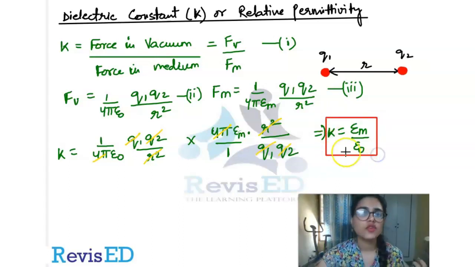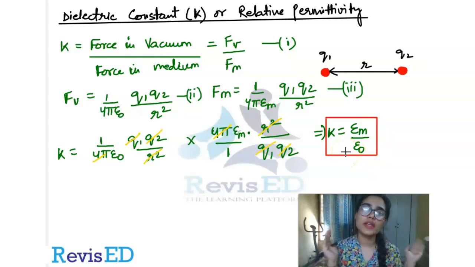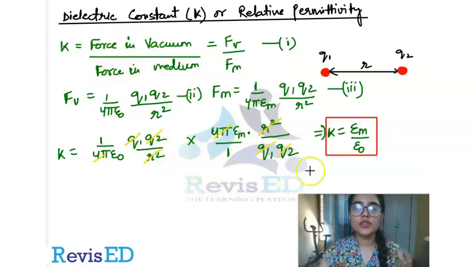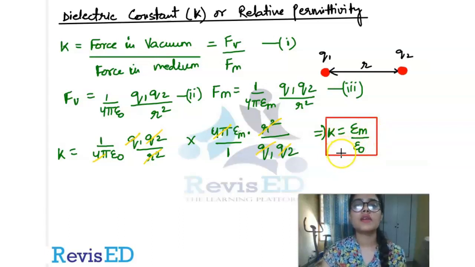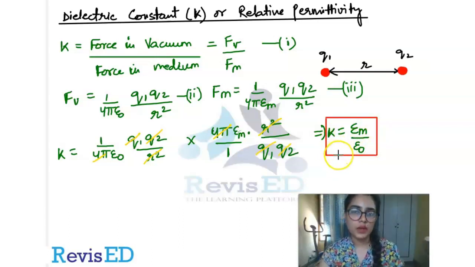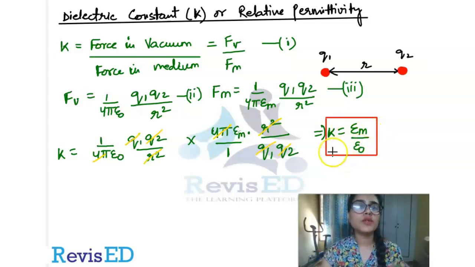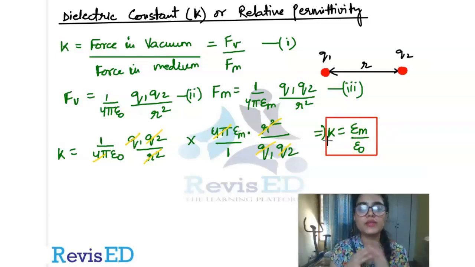So why is K known as relative permittivity as well as dielectric constant? Over here we were talking about the dielectric constant, but because of the relation that we got, we can see that it is the relative permittivity, because it is the ratio of the two permittivities, in medium and in free space, that is vacuum, respectively.